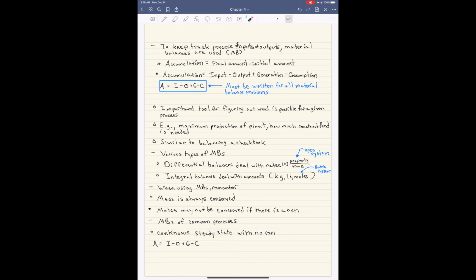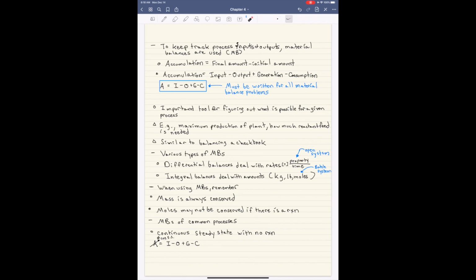If we see that a process is steady state, what that means is that there's going to be no accumulation in the system. Right? And so our A term is going to be equal to 0, because it's steady state. Right? So our accumulation term in our material balance is going to go away.